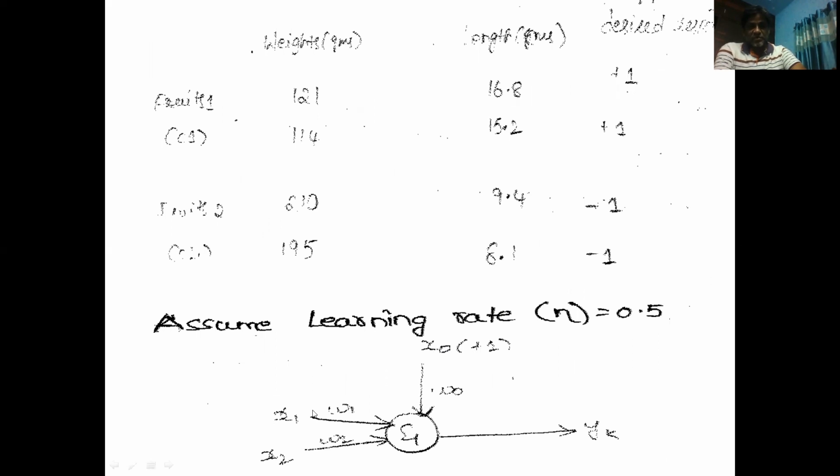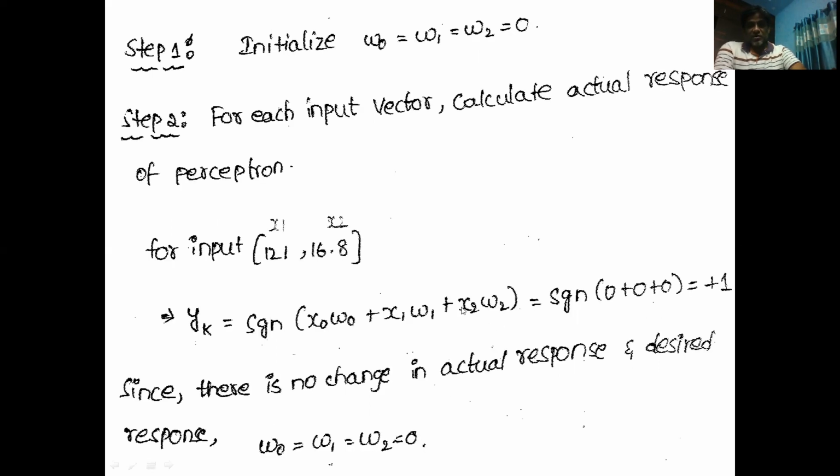This is the value from the neuron, which is passed to the activation function. Because all the w's are zeros, all the terms are zeros, and sigma of 0 is +1. The desired response is +1 and the response from the neural network is also +1. They are the same, therefore there is no change in the weights.